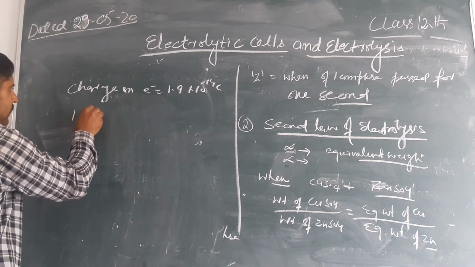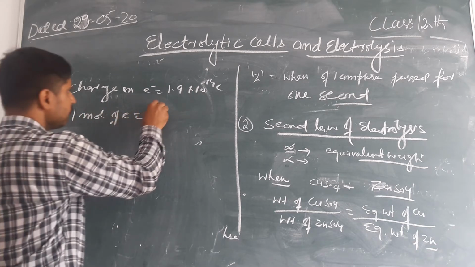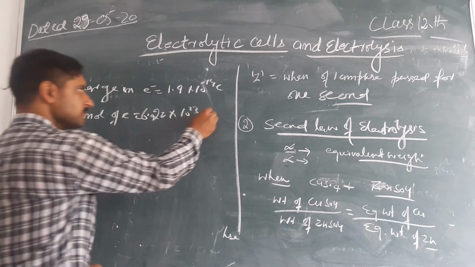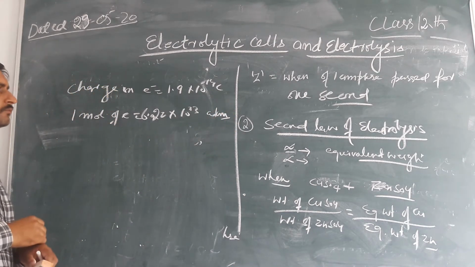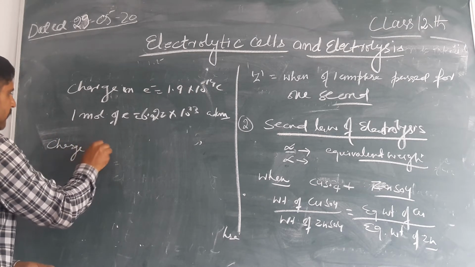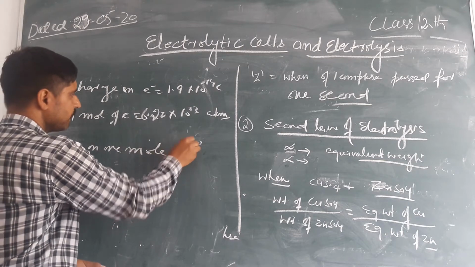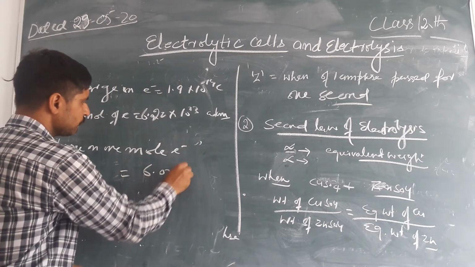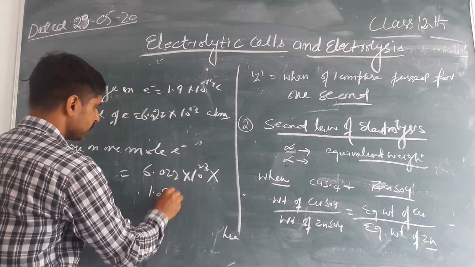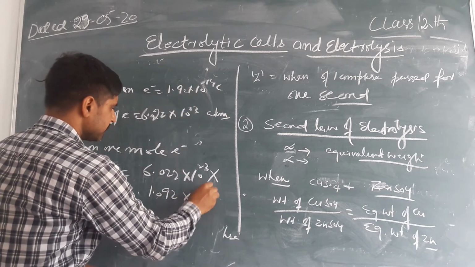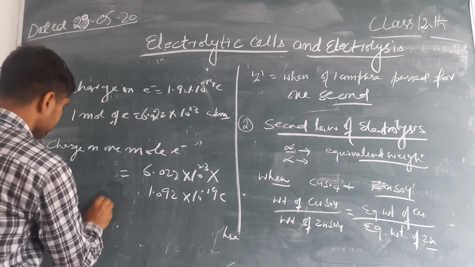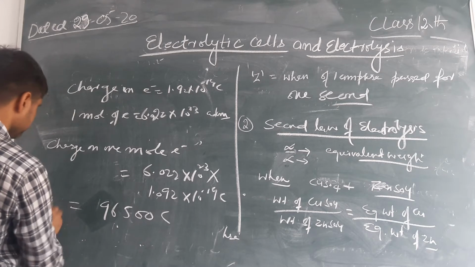One mole of electrons equals 6.022 into 10 raised to power 23 electrons. So the charge on 1 mole of electrons equals 6.022 into 10 raised to power 23 multiplied by 1.602 into 10 raised to minus 19 coulomb, which is nearly equal to 96500 coulomb.